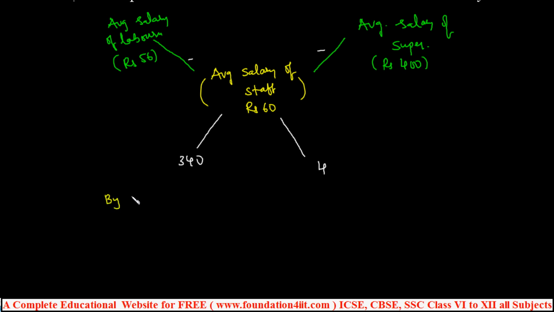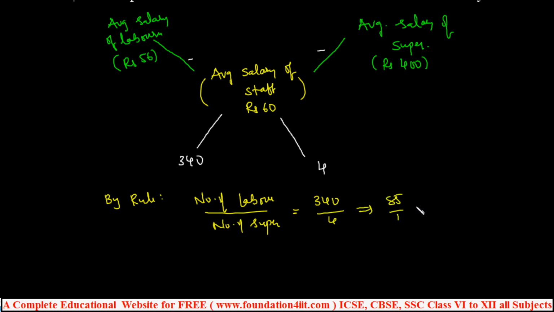By this alligation rule, number of laborers by number of supervisors equals 340 by 4. Dividing by 4, that is 85 by 1. That is 85 is to 1, laborers to supervisors. If the number of supervisors is 1, the number of laborers is 85.